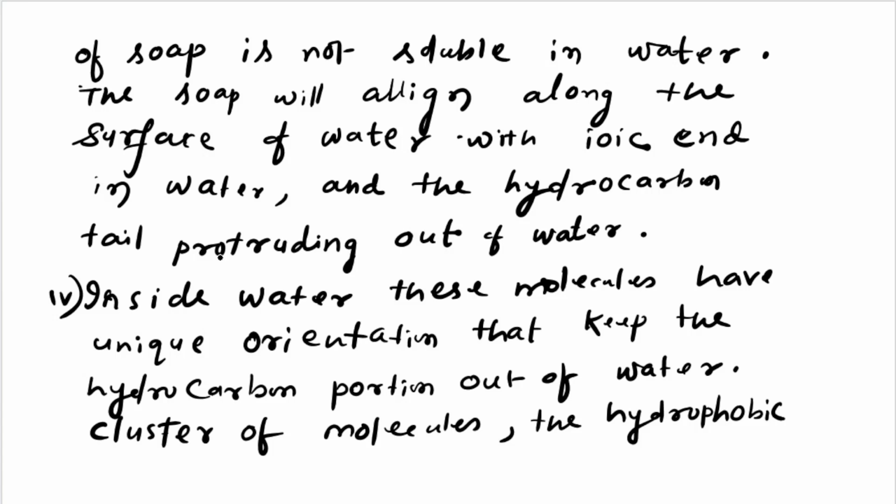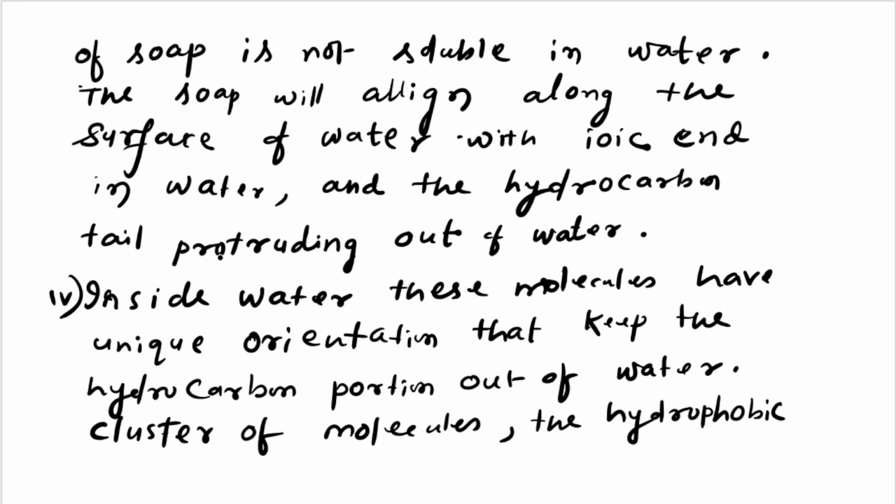That is called scum. With the ionic end in water and the hydrocarbon tail protruding out of water, the oily part is taken out with the help of the hydrocarbon. Then who is helping here? That is the short end part, the ionic part.